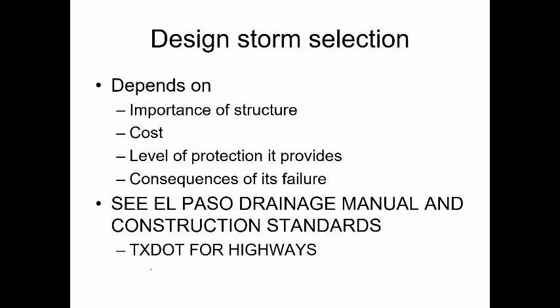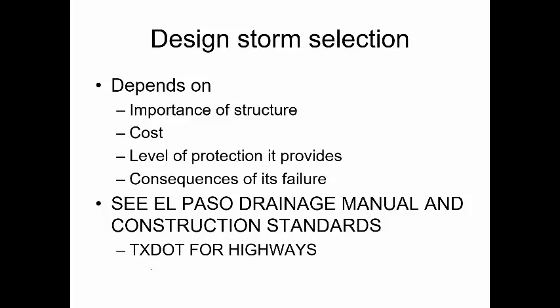So if you move to another city, then each city will have its own requirements. So the design storm selection, as I said, is what you use for hydraulic structures. And when I say hydraulic structures, you probably saw the first video in Blackboard, and it talks about ponds, conveyance structures, dams, and all of those are hydraulic structures whose purpose is to protect human life and property from excess runoff, and to control and constrain, like in the case of a pond.